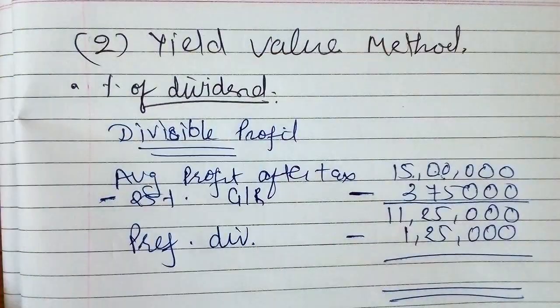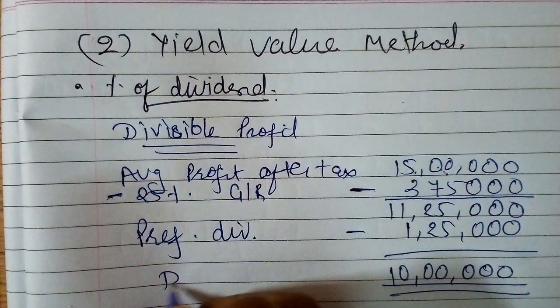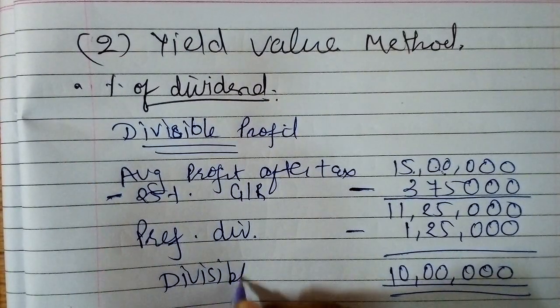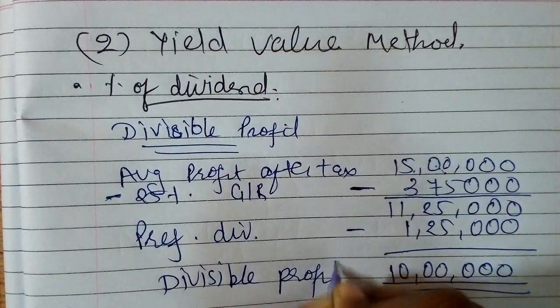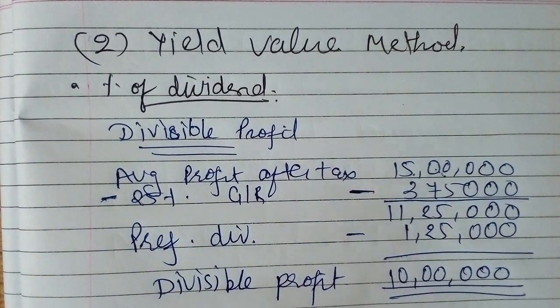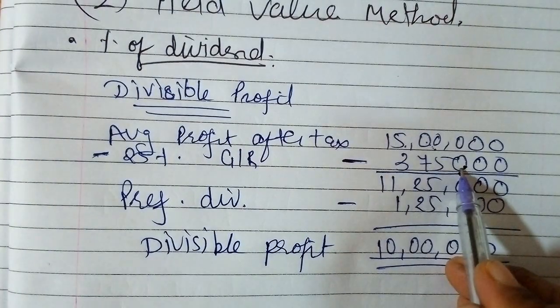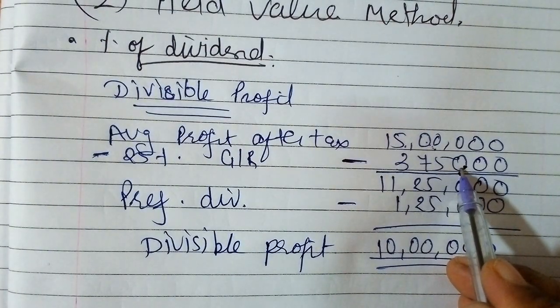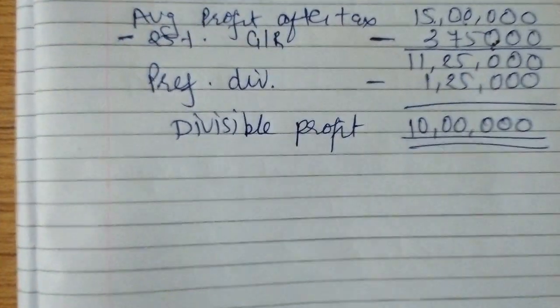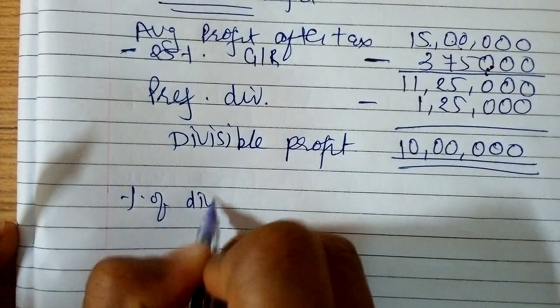So my divisible profit will be 10 lakhs. Alright, so this is the new thing that we have not considered at the time of goodwill, but now at the time of valuing share we need to consider this.